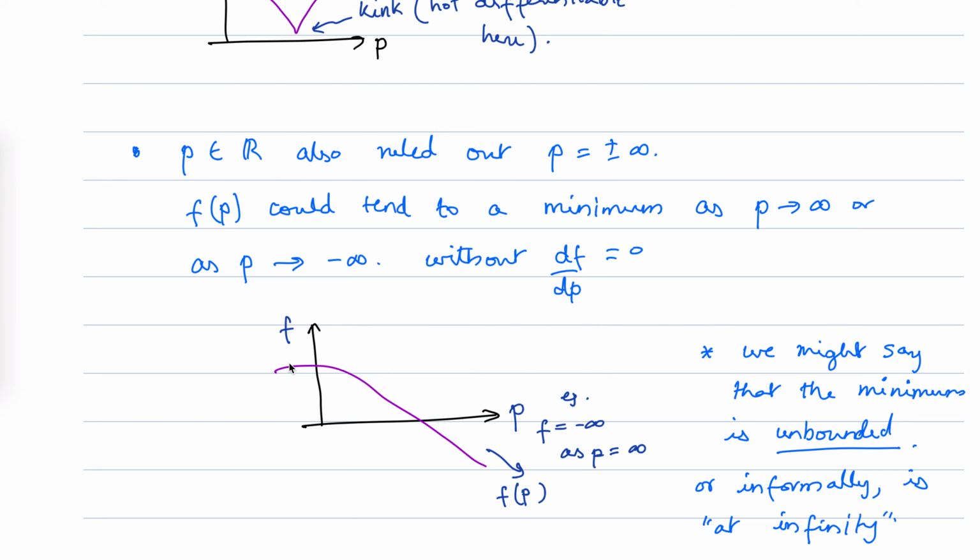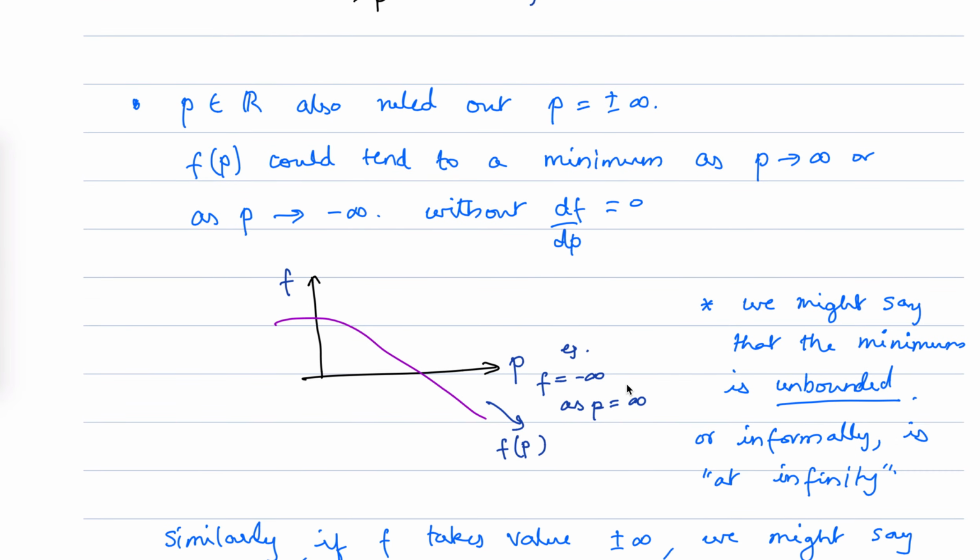So imagine a function that goes down, down, down, keeps going down as p goes to infinity, and the slope never goes to 0, right? So you can even imagine a linear function that just keeps decreasing as p goes to infinity, and you might reasonably say the function achieves its minimum. Of course, it never achieves it, but as p goes to infinity, the function goes to its minimum possible value, which is in this case negative infinity, right?